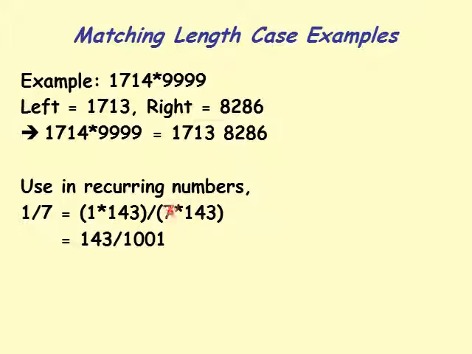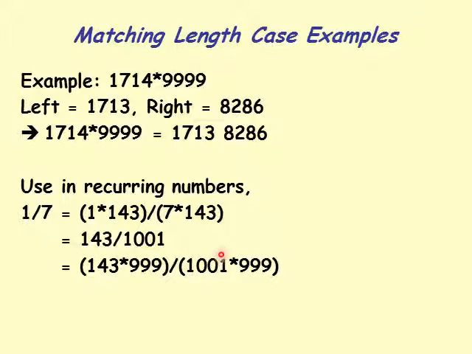If you need time to multiply 7 by 143, go ahead. I would give you some time. So check it out: 7 times 143 is 1001. On the next step, I'll multiply and divide by 999999. This is where we use multiplication by a sequence of nines in recurring numbers. So 143 times 999999 is 1001 times 999999.